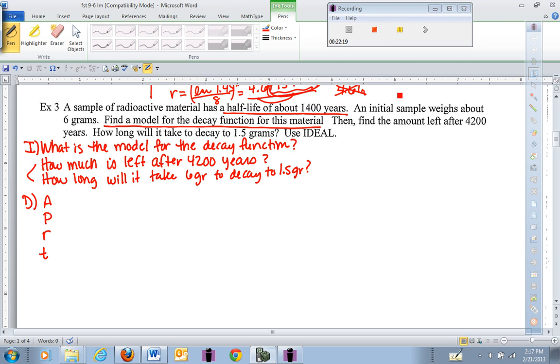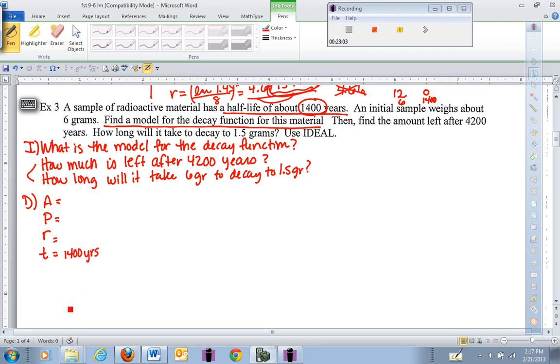So let's say you started with 12 grams at time 0. After 1,400 years, you would have 6 grams left. And at 2,800 years, you'd have 3 grams left, and so on. So in our problem, what we know is that the time of a half-life is 1,400 years.